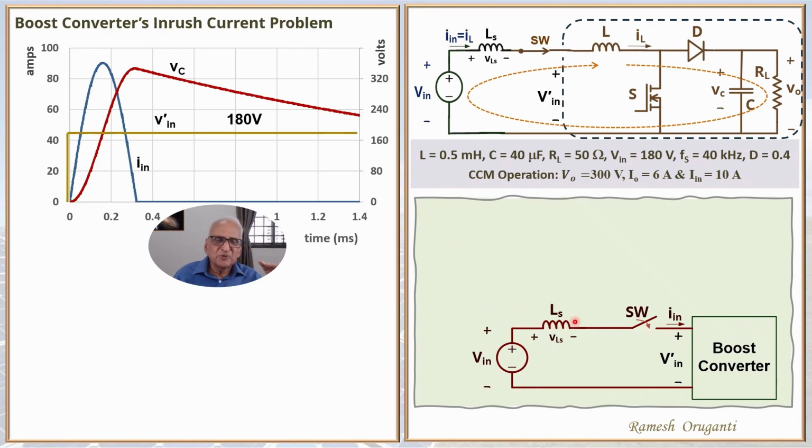So we can expect some change in the V dashed in because of the line inductance, that is the wire inductance. But typically this inductance will be of the order of some nanohenries. The boost inductor L is effectively in series with this Ls, and boost inductor is likely to be much higher than this. So voltage dropped in Ls will be relatively small. So V dashed in may not change that significantly.